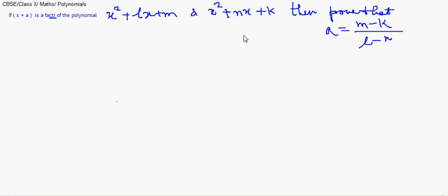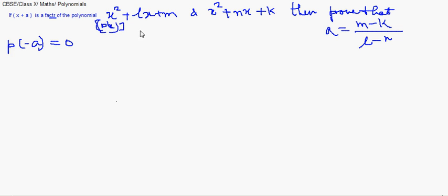Now when it says x plus a is a factor of this polynomial, that means x plus a is equal to the factor. So I simply write this being the p(x). So p(-a) should be 0 here in the first, even in the second one.